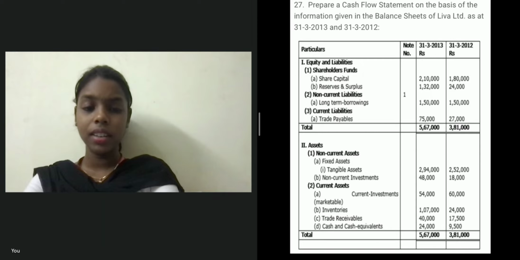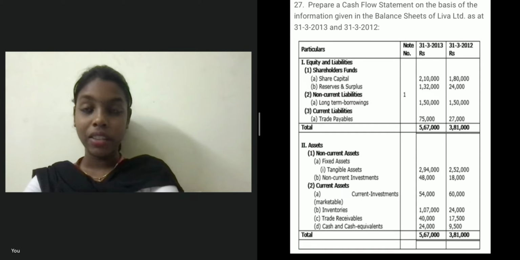Then comes the assets. On the asset side, the non-current assets and the current assets are represented. In non-current assets, the fixed assets are 2,94,000 and 2,52,000, and the non-current investment is 40,000 and 18,000 respectively. In the current assets, the investment is shown, that's 54,000 as on 31/3/2013 and 60,000 as on 31/3/2012.